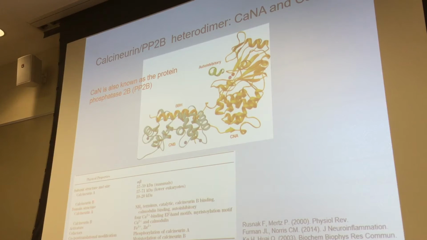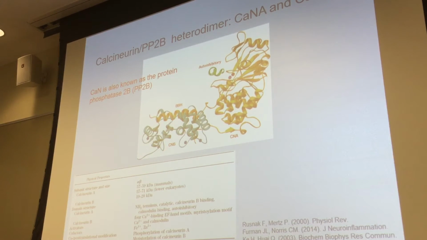So our calcineurin structure here allows us to have a calmodulin binding domain, our autoinhibitory domain, and our catalytic domain. Our activators can be calcium and calmodulin, and we can also see that there are some binding sites for iron and zinc proteins.